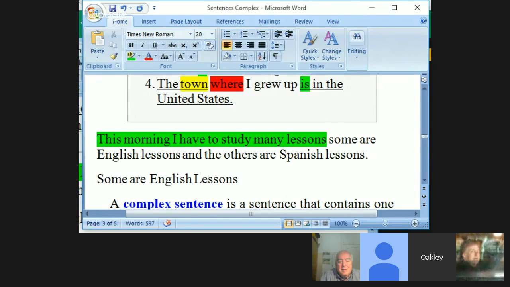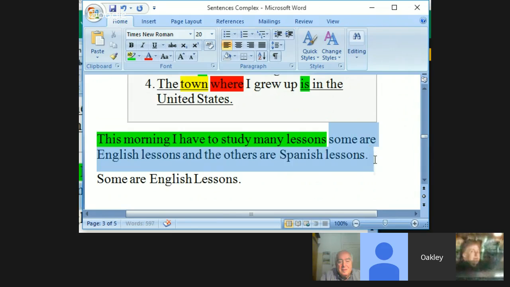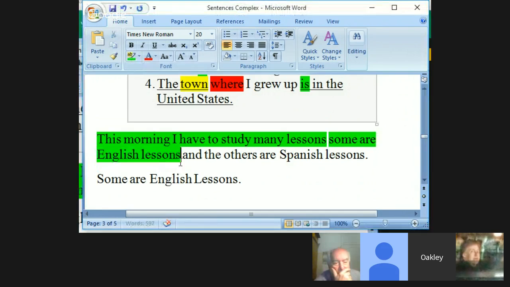Some are English lessons. Is this a sentence? Really? Actually, it is. So that means that this is another independent clause. And we can put a comma, and the others are Spanish lessons.